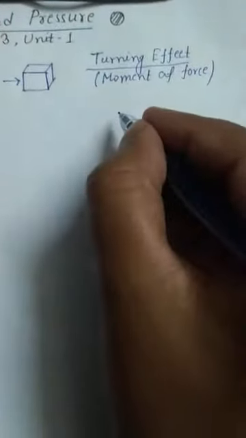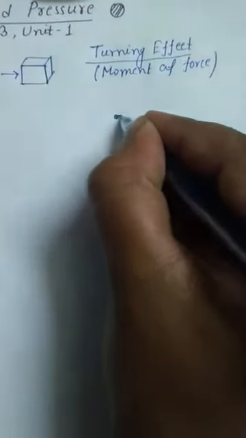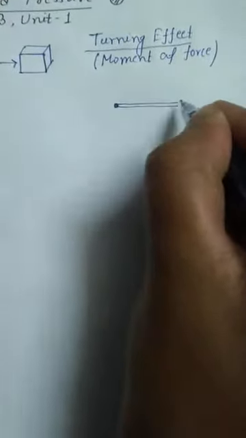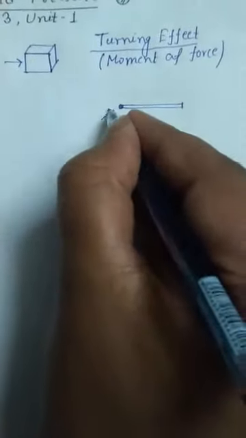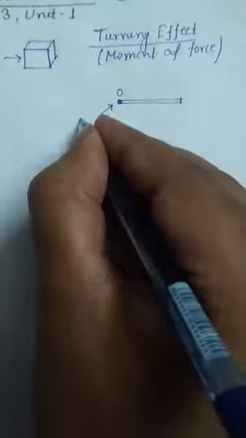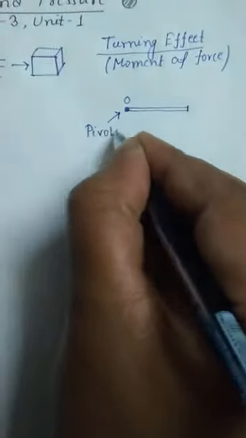So actually, what does that mean? The turning effect of a single force about a fixed point. Let's say a stick is kept here and this is the fixed point. This fixed point has a special name, and that is pivot, P-I-V-O-T.